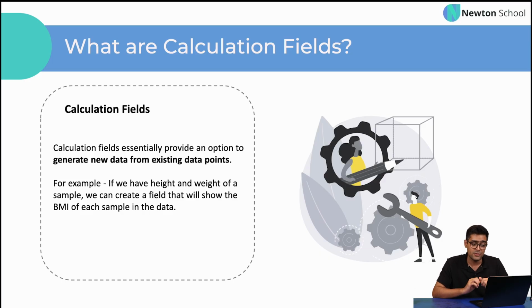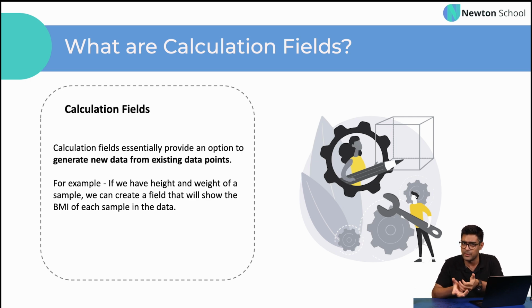Now, calculation fields essentially provide an option to generate new data from existing data points. Let's say your data set has 10 variables or 10 columns. If you don't know what variables are, columns and variables are used together. So let's say you have 10 variables, out of those 5 are rating scales, and you want to create an 11th variable, which is a combination of 3 or 4 of the variables before.